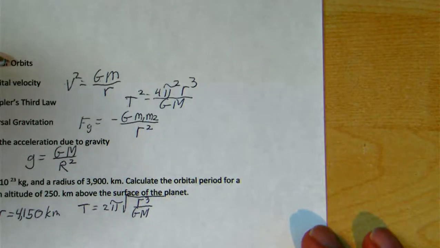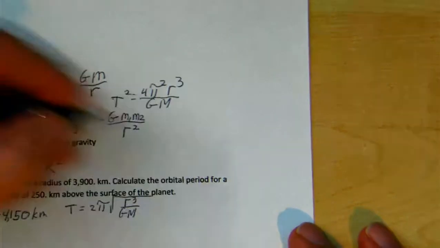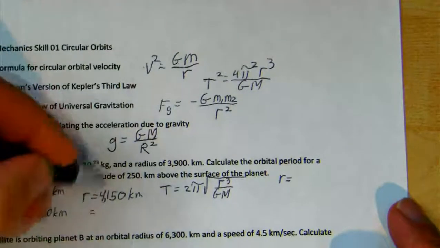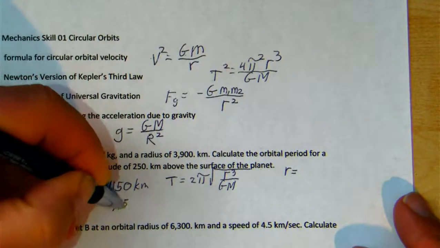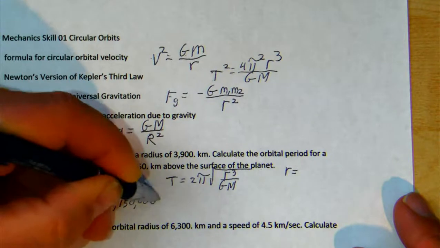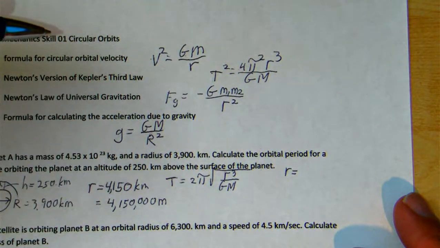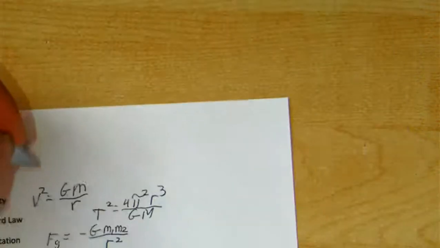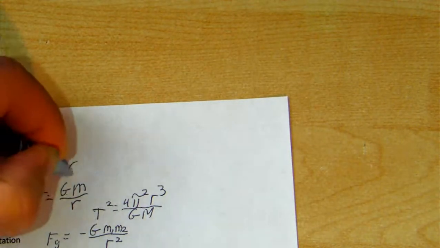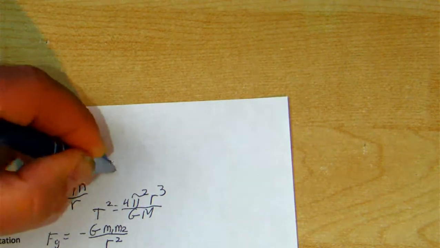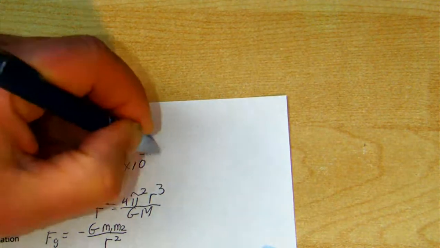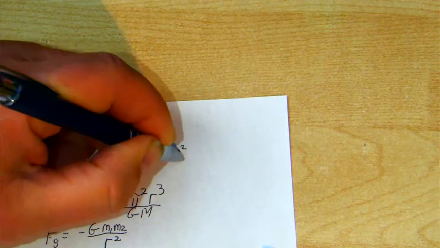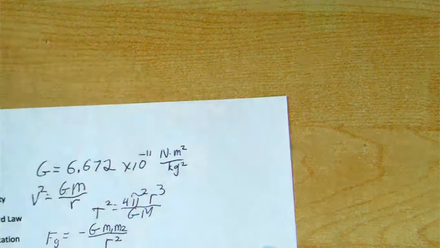Just to remind you, if r is 4,150 kilometers, then you're going to actually type in 4,150,000 meters into r. And capital G, the universal gravitational constant, has a value of 6.672, or 3 if you're a nerd, times 10 to the negative 11th power newton meters squared per kilogram squared.